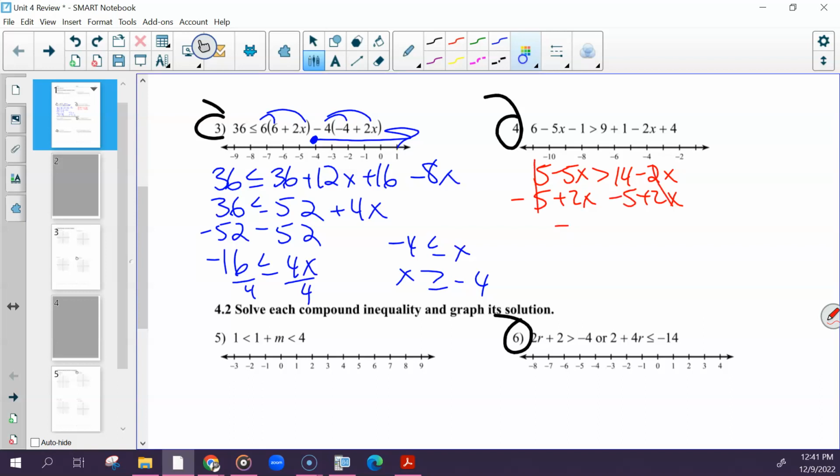So that we have negative 3x is greater than 9. Divide both sides by negative 3. We're dividing by a negative, so your sign is going to change direction. So this would be an open circle at negative 3 going to the left. Questions on that one?